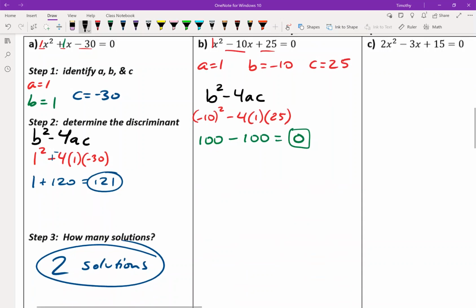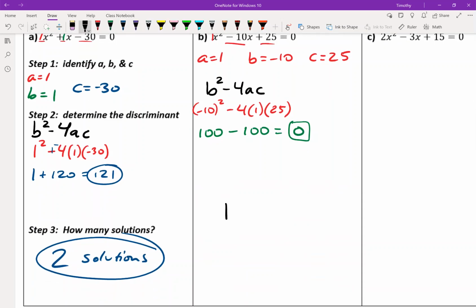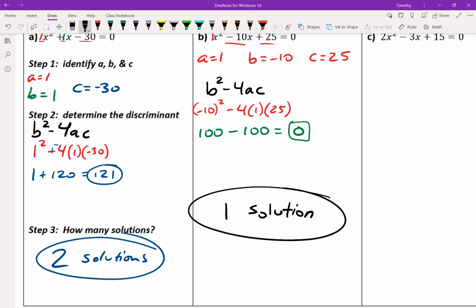So we know here that our quadratic equation would have one solution. If you remember from the notes on graphing the parabolas, that would mean that we have one x-intercept, which also means that the vertex would be on the x-axis.